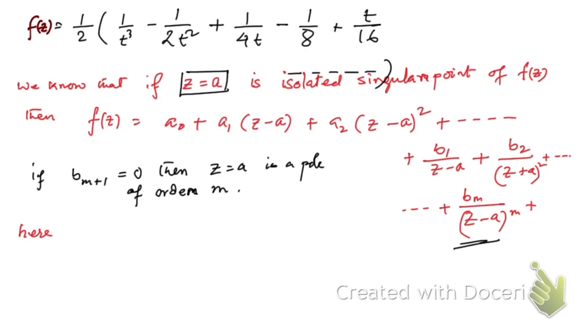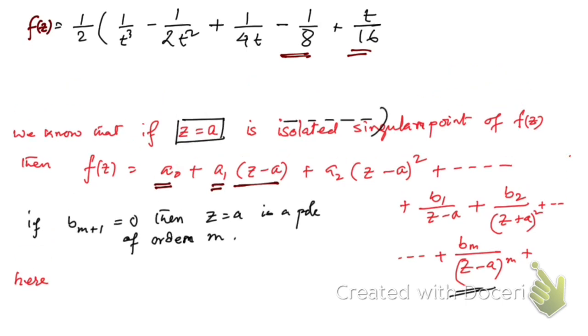Now here you see, this a naught is 1 minus 1 by 8. a1 times z minus a is nothing but this one. So this t is nothing but z minus 2, right? So we're going to replace t by z minus 2.